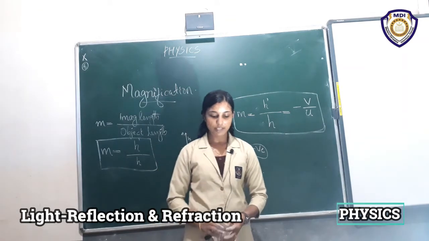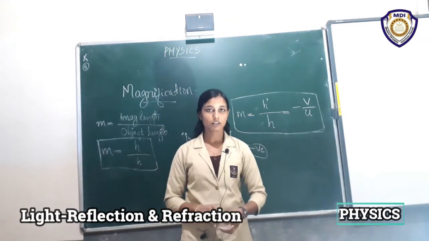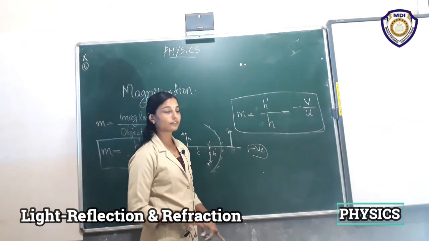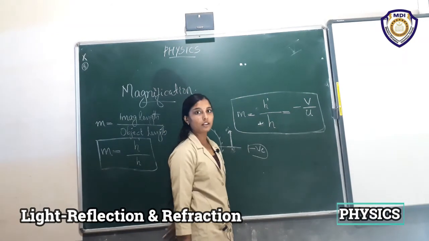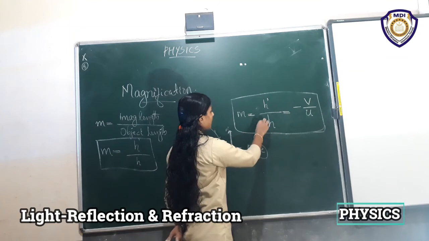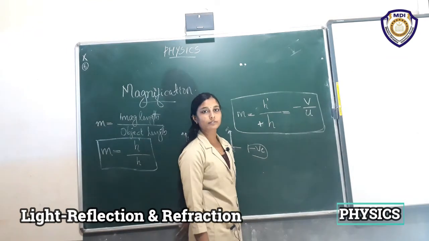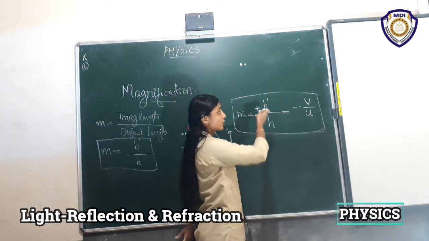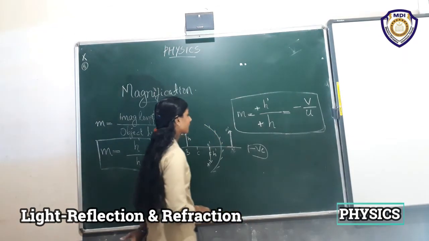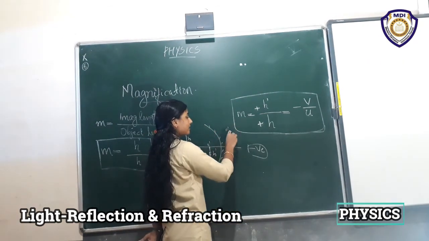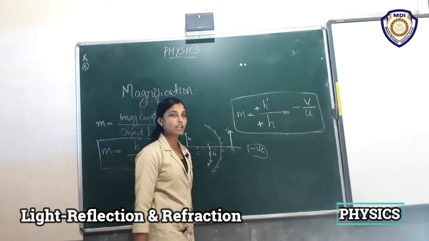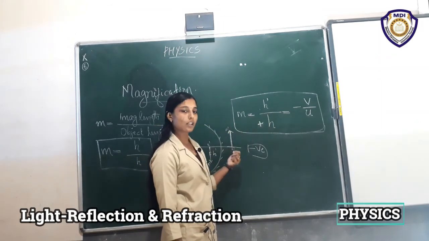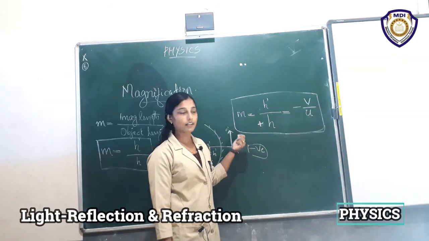And a positive sign of the value of magnification indicates what? If m has a positive value, since h is always positive, the image height is positive too. This happens only when a virtual image is formed, which lies on the positive y-axis.